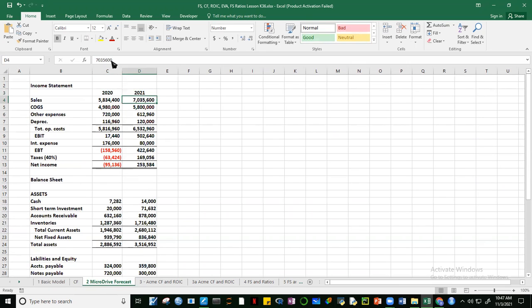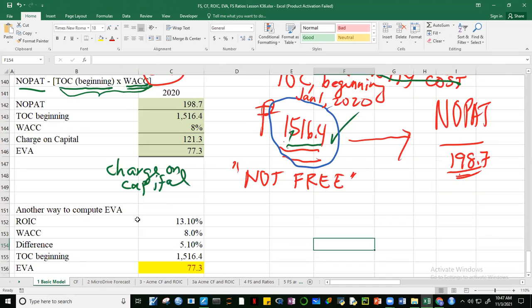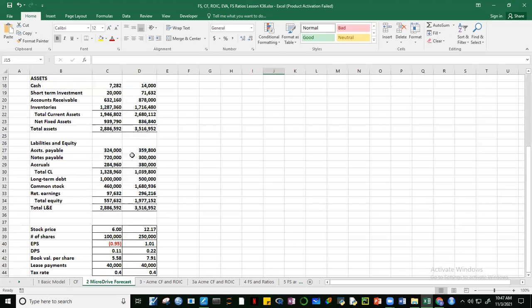Anyway, let's just put here 2021. So whatever we did here for the basic model, please compute for the TOC, etc., please do it for this second worksheet. That's what we're going to compare. Let's compare results for next meeting.